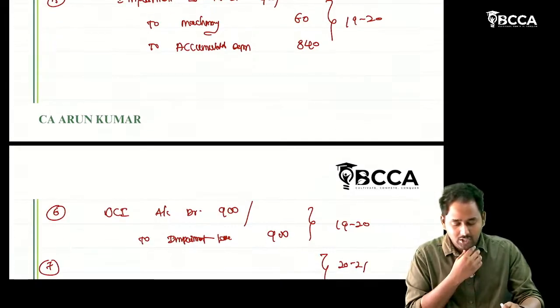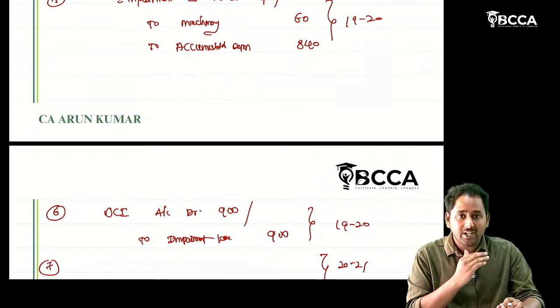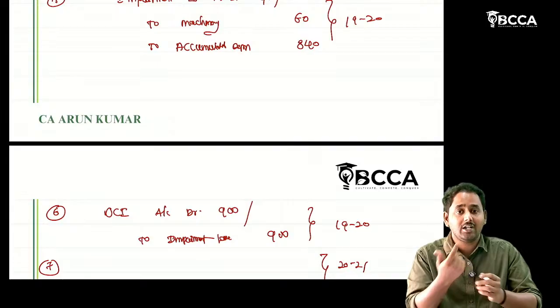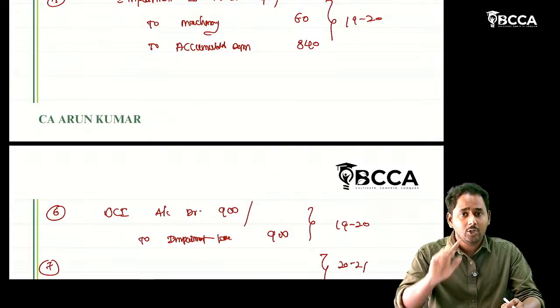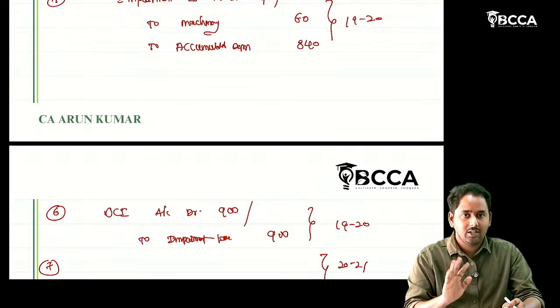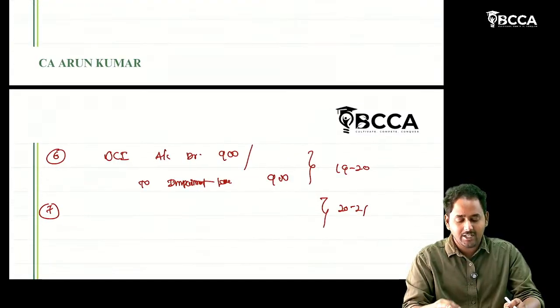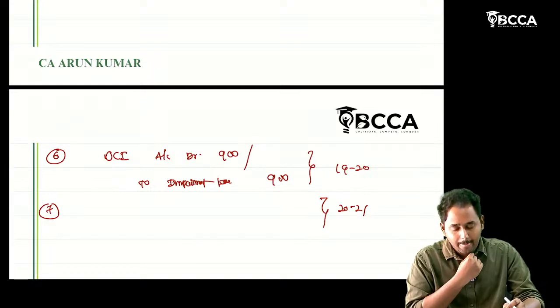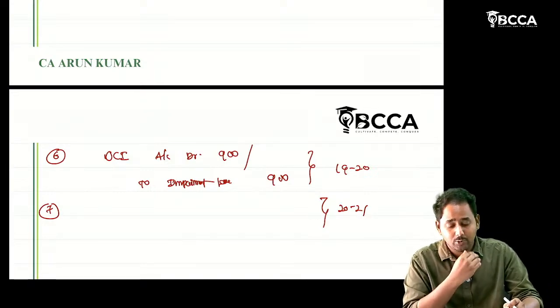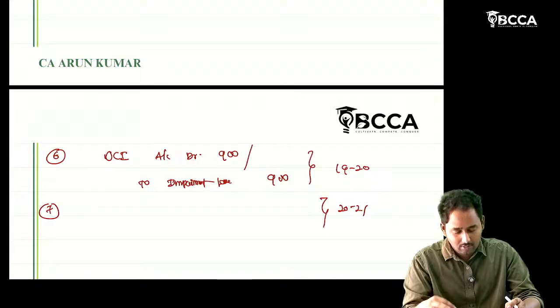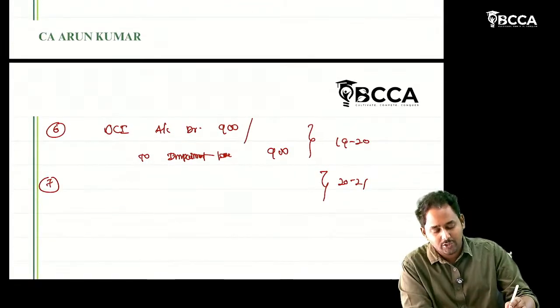If you incur the loss, don't show the entire impact on P&L because you already recognized the gain in the previous year. So first de-recognize that gain. Then the balancing amount should be set off against the P&L. Here the entire gain is set off against the OCI because the OCI has the huge balance. Okay. With respect to 2021, what is the journal entry?